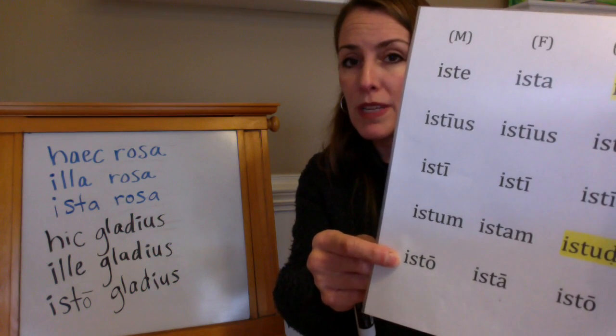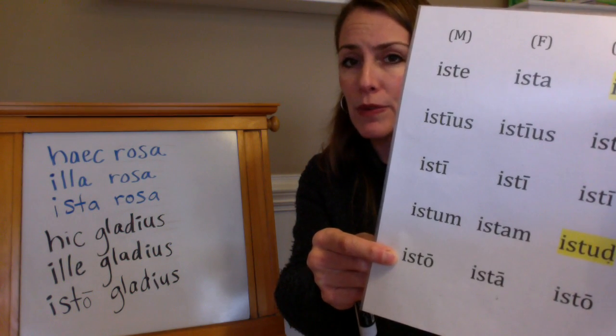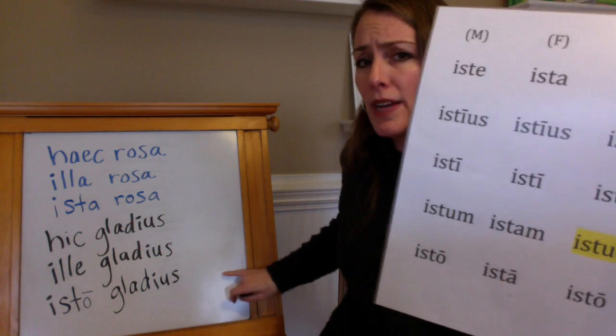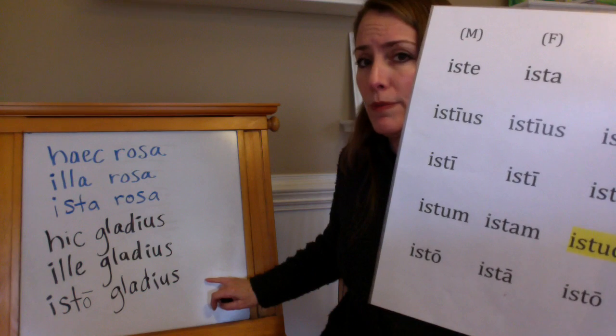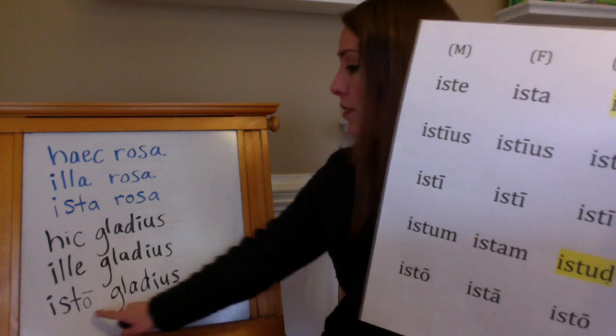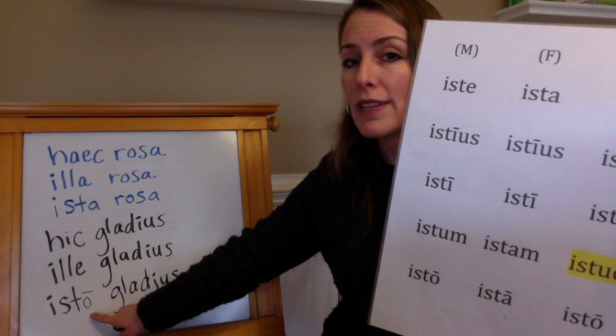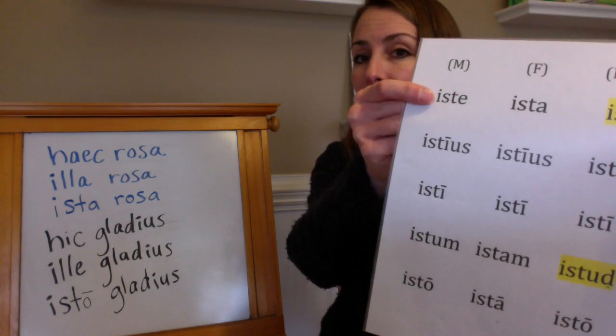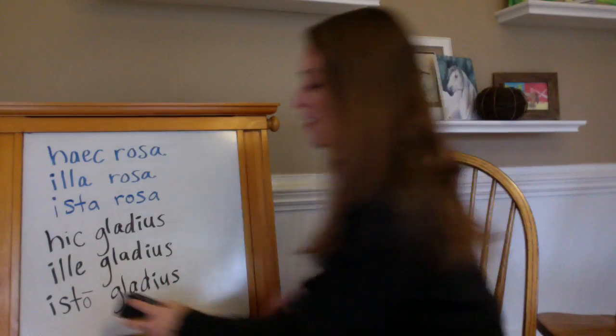Isto would be the ablative case, the object of the preposition in, with, by, from, and I would have to have gladius in a different form. So the correct form of iste, ista, istud to go with gladius is not going to be isto, it's going to be iste. So let's go ahead and fix this. Maybe you caught that.